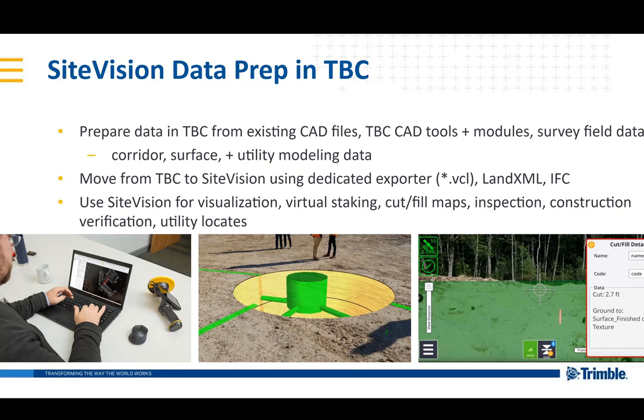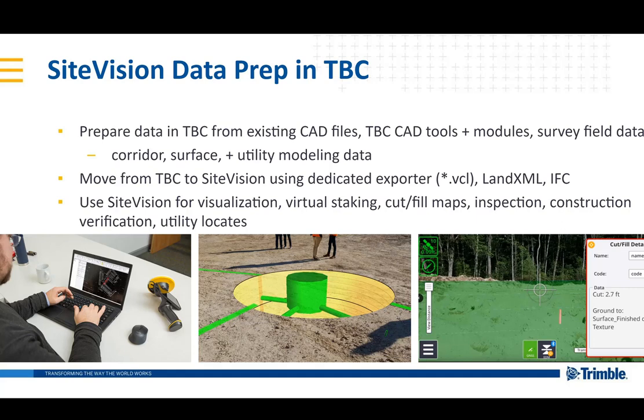Additional data prep in TBC can be done for the Sight Vision AR. That system is a handheld augmented reality system, shown on the desk in the screenshot all the way to the left on this slide. How TBC fits into this picture is that you can prepare data from existing CAD files, use TBC's CAD tools and modules, or reduce the field data in TBC.